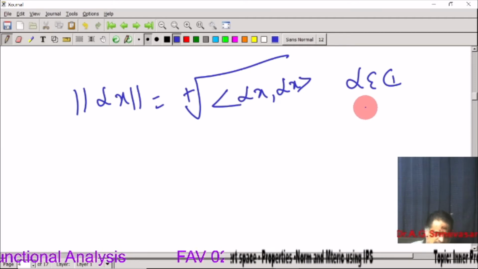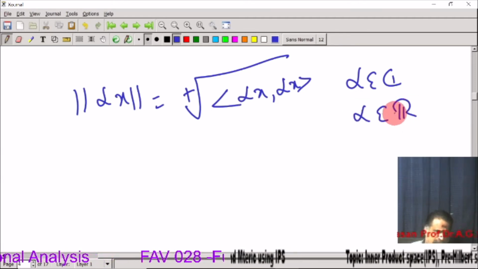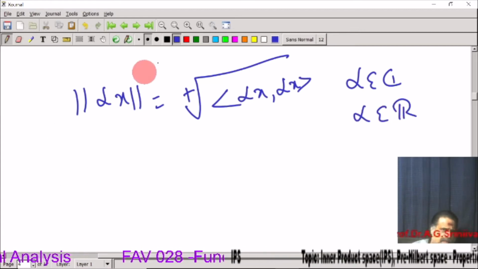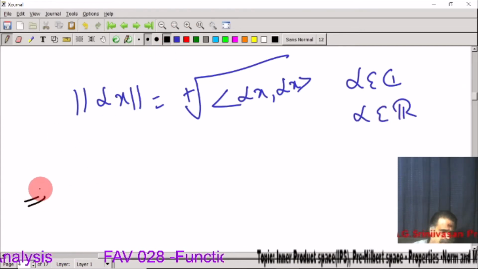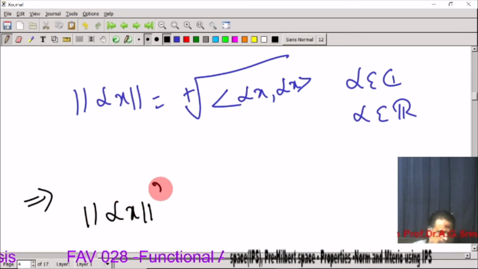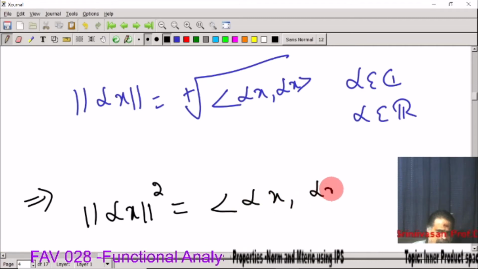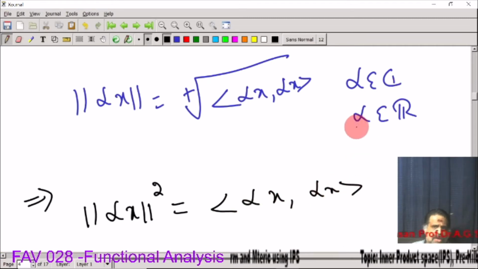It can be anything. Let's see what happens. First thing we do is square on both sides. So norm alpha x the whole square is equal to inner product alpha x comma alpha x, where alpha could be a complex number or even a real number.